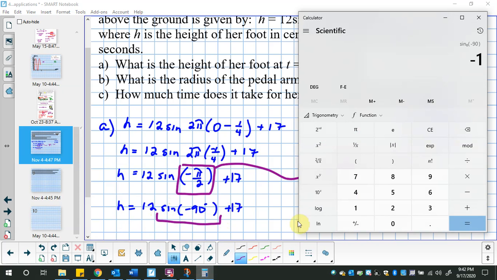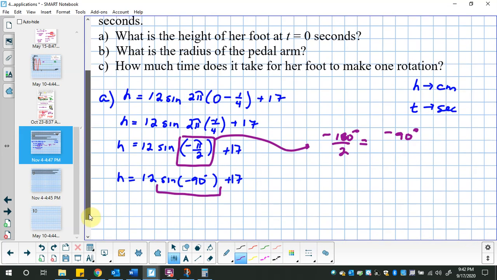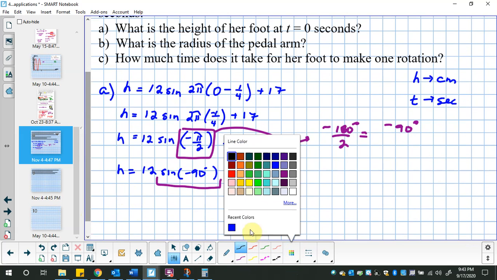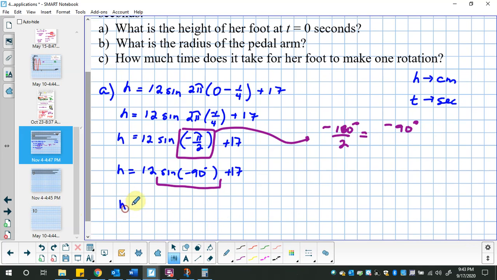We have to take negative 1 and multiply it by the 12 out front because multiplying comes next in BEDMAS. There's the answer to that part, and then we add the 17. So our overall answer is h equals 5. But I need a therefore statement.